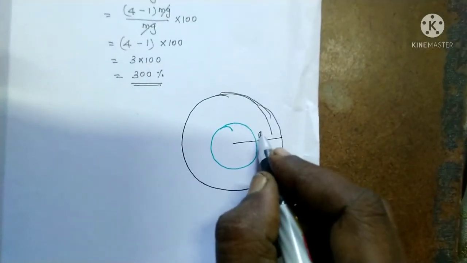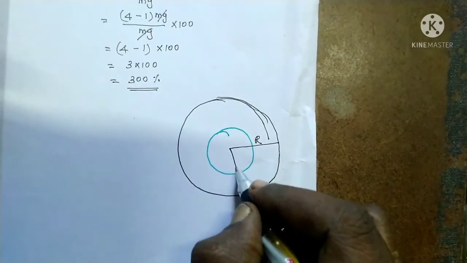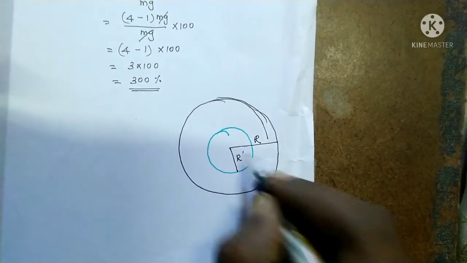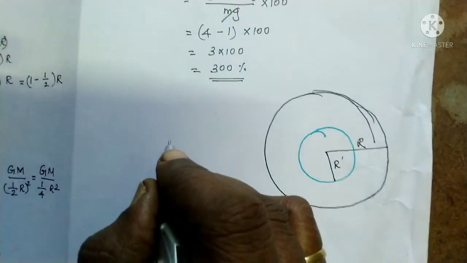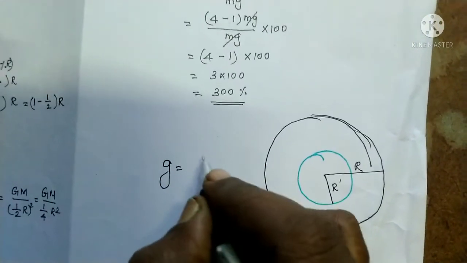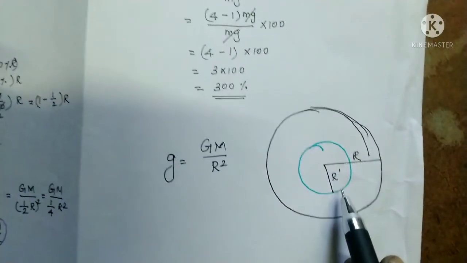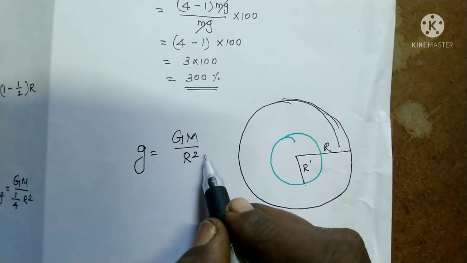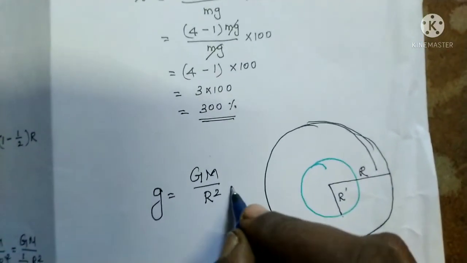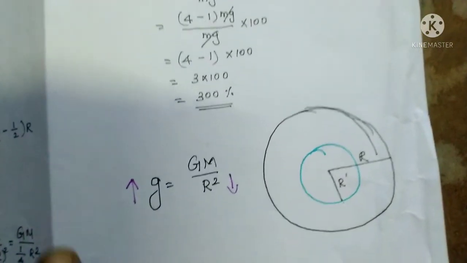It's a very easy way to find this out. Initially the radius of the Earth is r. When the Earth shrinks, its radius is r dash. The formula for the acceleration due to gravity is g equal to GM by r square. Here the radius is reduced, so the radius of the Earth is less, which means the acceleration due to gravity is increased.